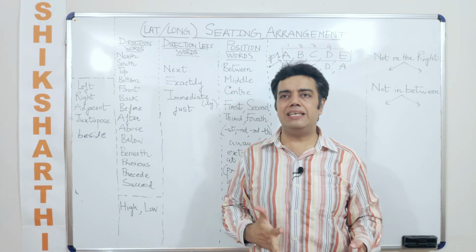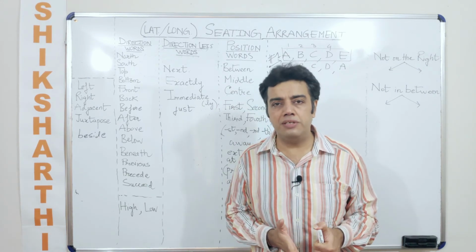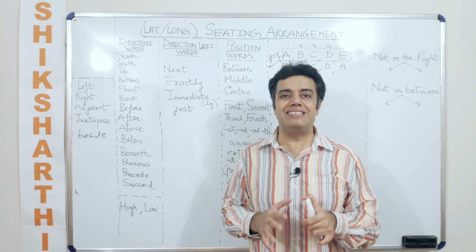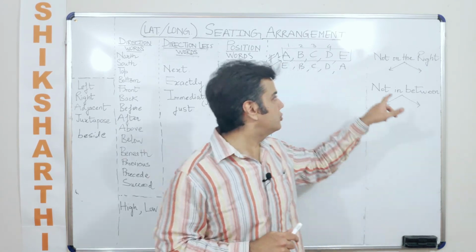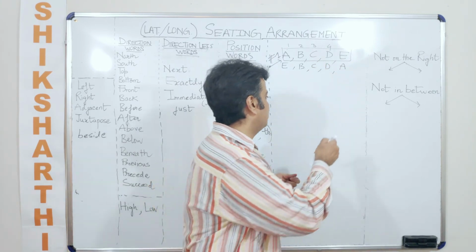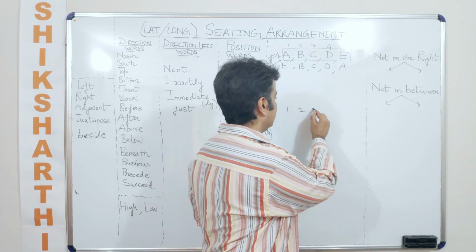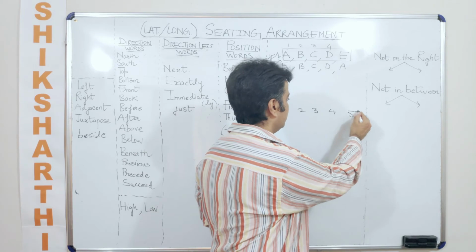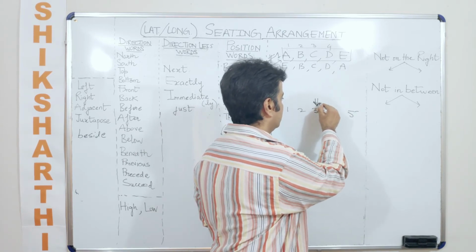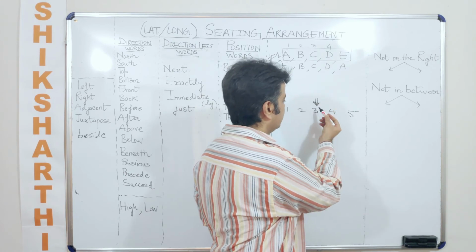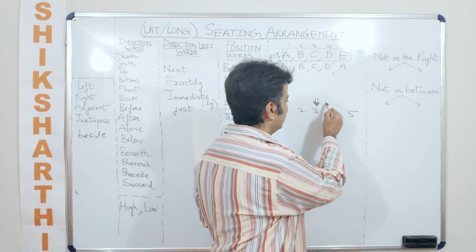If I say C is not to the left of the centermost position, C is not sitting to the left of the centermost position here. So let us say there are 5 people sitting, and I say that C is not sitting to the left of the centermost position.